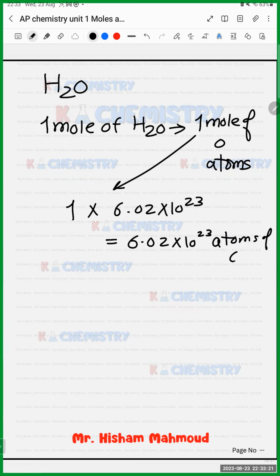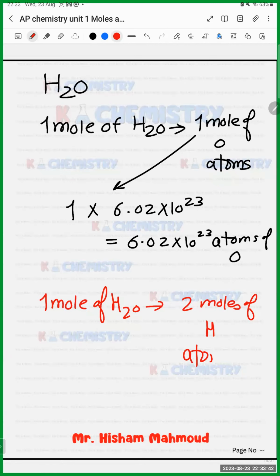If you didn't understand what happened exactly, you will understand when I ask you about the number of atoms of H in a molecule of water. So 1 mole of H2O actually contains 2 moles of H atoms. Why is that? Because each molecule of water will give you 2 H's.